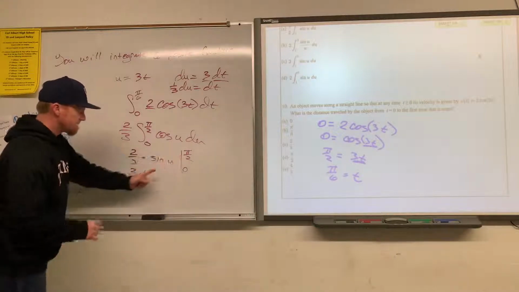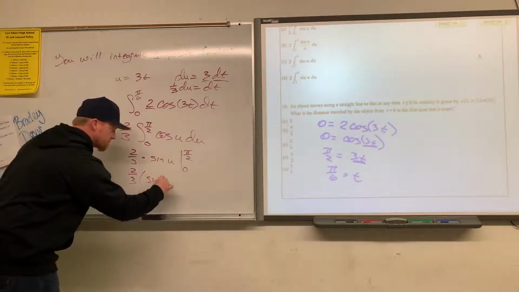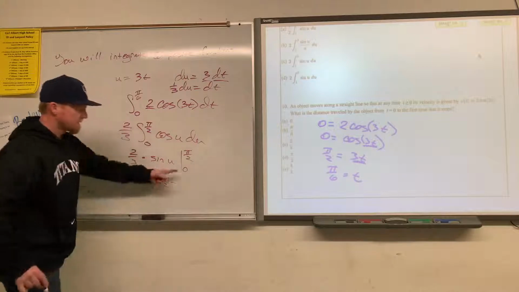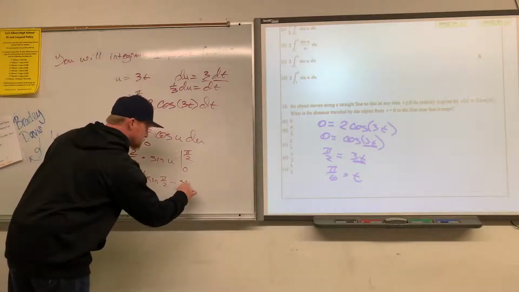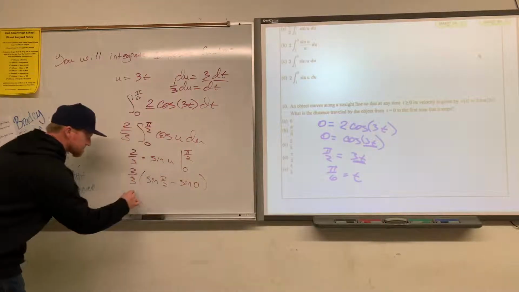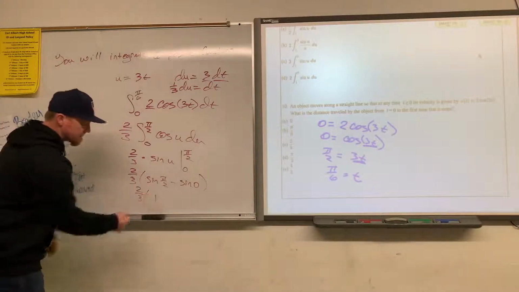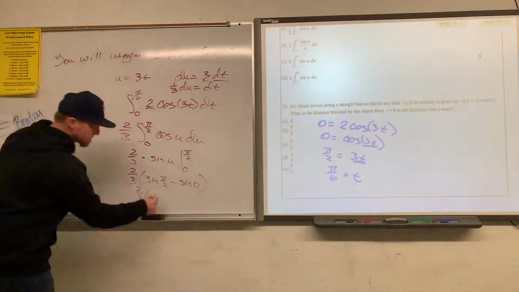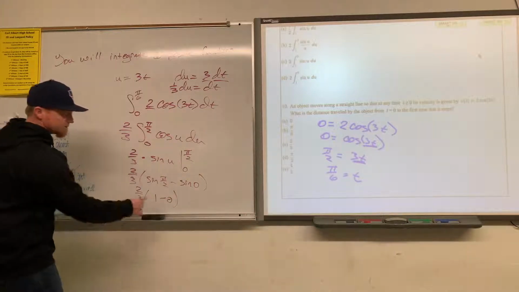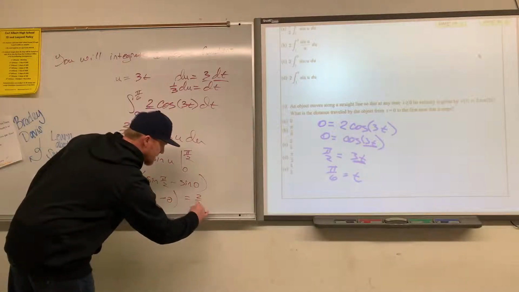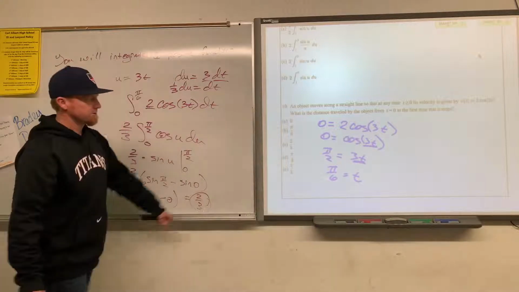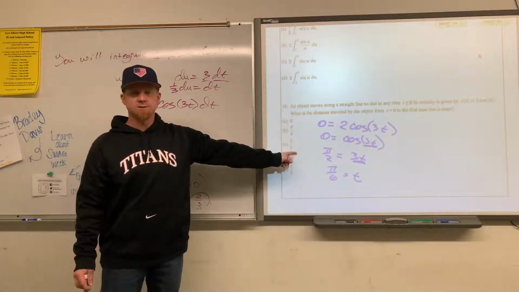I have sine of pi over 2. I have sine of 0. We should all know sine of pi over 2 is 1, and we should all know sine of 0 is 0, so that means we end up with 2/3. So my answer is C.